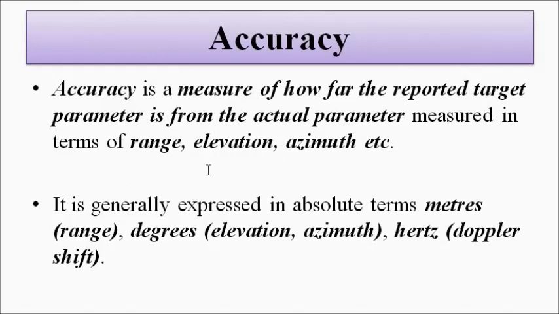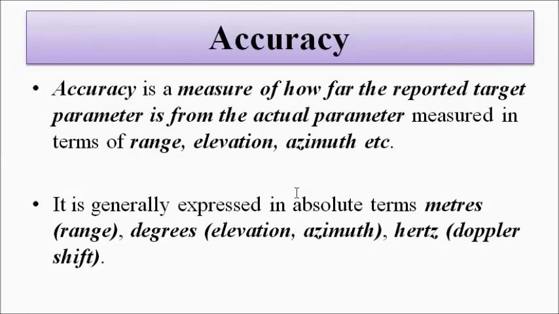Accuracy basically is a measure of how far or how close the reported parameter, whether it is range, elevation angle, azimuthal angle, or Doppler shift, whatever parameter we are measuring using the radar, is to the actual parameter.